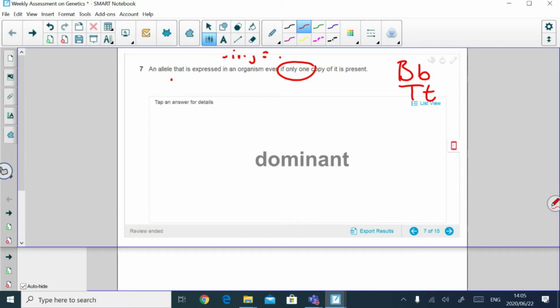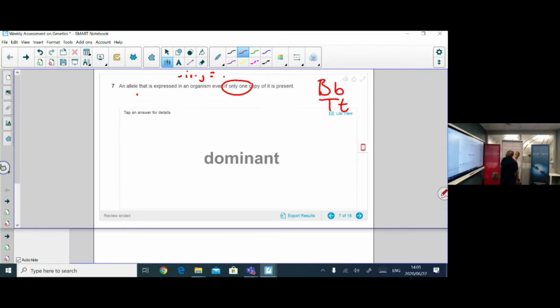So if one of it is present, then it's expressed, which means it will be the dominant. It won't be dominant if the traits for B are not expressed.